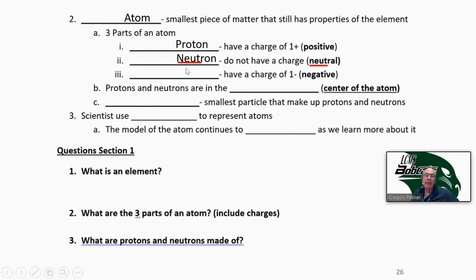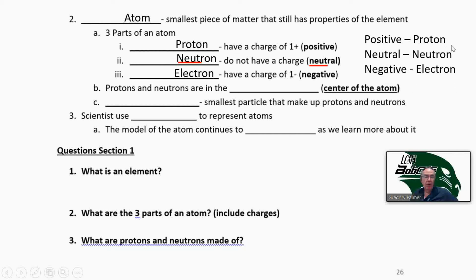I underlined this as an easy way to remember: the first letters of neutral are N-E-U-T-R, and the first letters of neutron are N-E-U-T-R, so they have the same first letters. And then electrons are negative. So we have positive protons, neutral neutrons, and negative electrons.